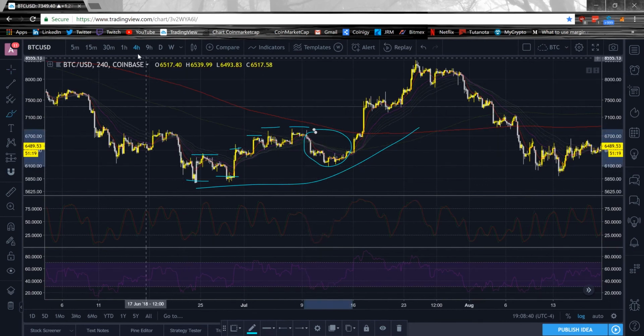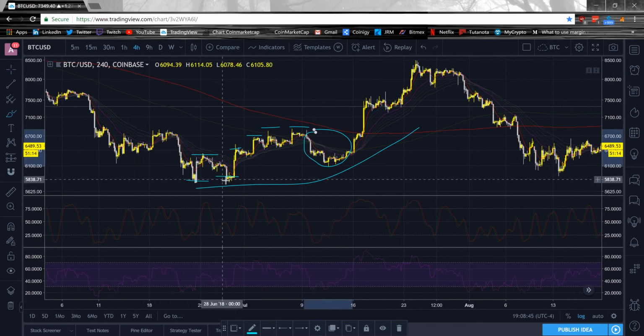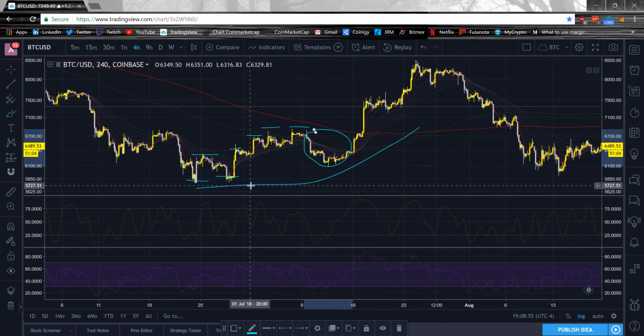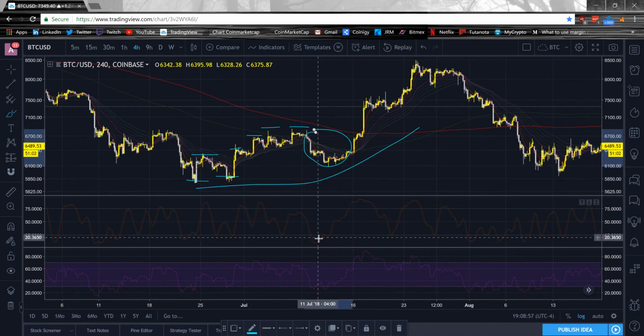Whereas if you're on the 4-hour, it's clearly a pullback, about halfway down from this move up. So you're counter to the trend on the lower time frame, but on your trading time frame, the 4-hour, this is still proper. Your cycle was low, your RSI was low, and you were about halfway back.